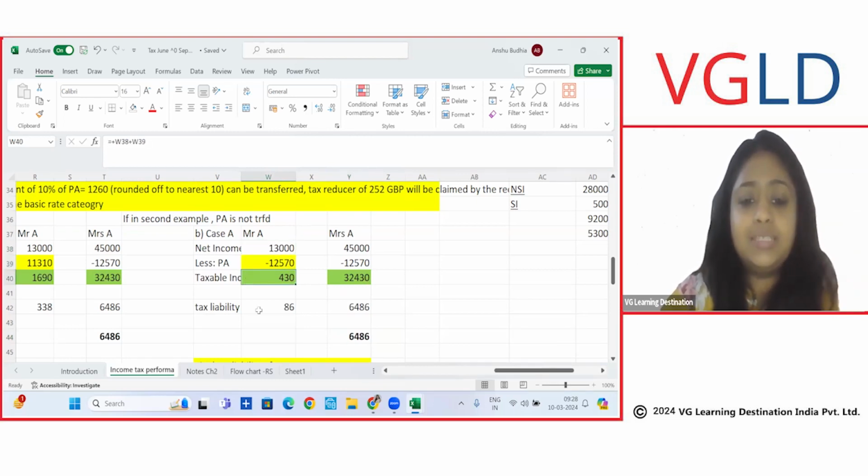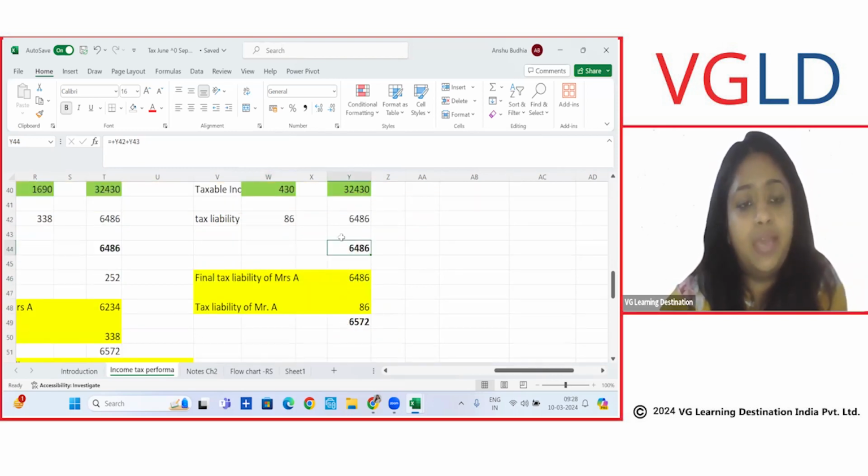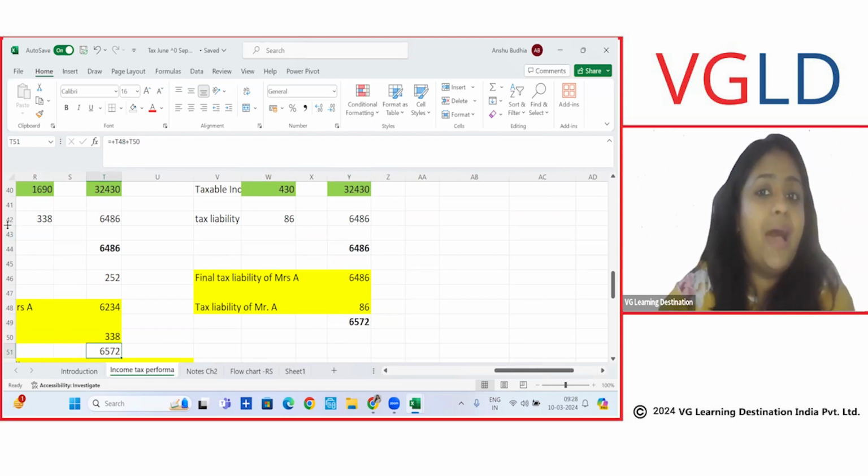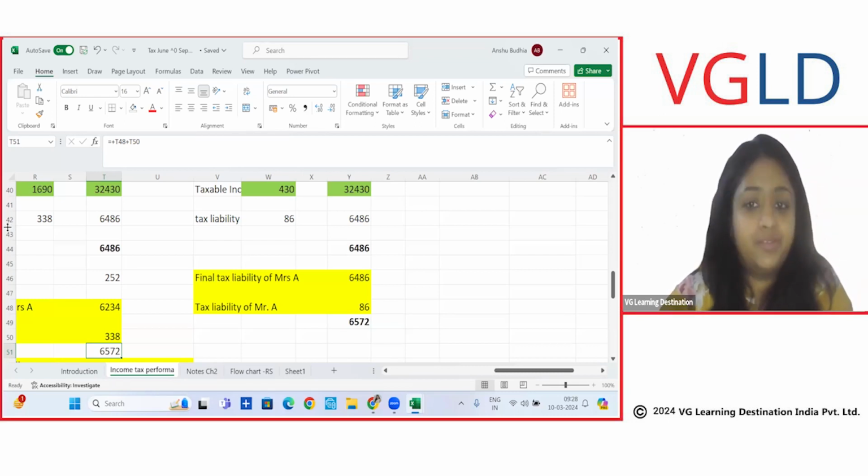He will have 430 taxable income. Tax liability will be 86. Mrs. A, tax liability will be normal. No tax reducer will be there as we are claiming normal situation. What is the overall tax liability? 6572. When I claim tax reducer, then also we are getting 6572. So there is no impact on the overall taxability if the giver spouse has taxable income beyond the PA limits.